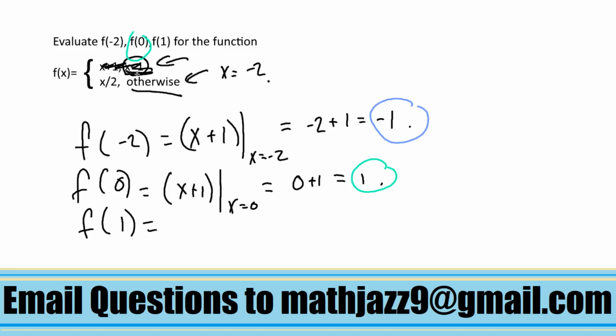Otherwise just means if it didn't fit into any of the other chunks, it fits into this one. So, we plug x equals 1 into this chunk, x over 2, gives us 1 over 2, which is already the form that we can accept. So these aren't so hard. Piecewise functions look harder than they are. But that's all we have to do for that.